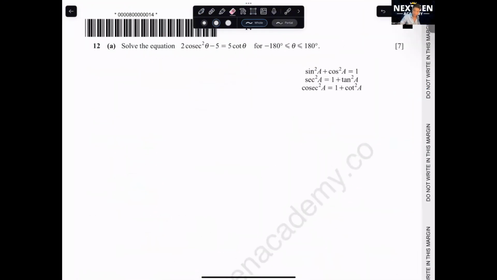Okay, can you simplify all of them to either cosecant or cotangent? Normally we will change the cosecant, because here got square. Cosecant square will become 1 plus cot square. So we replace it, 2 bracket 1 plus cotangent square theta minus 5 equals to 5 cot theta.